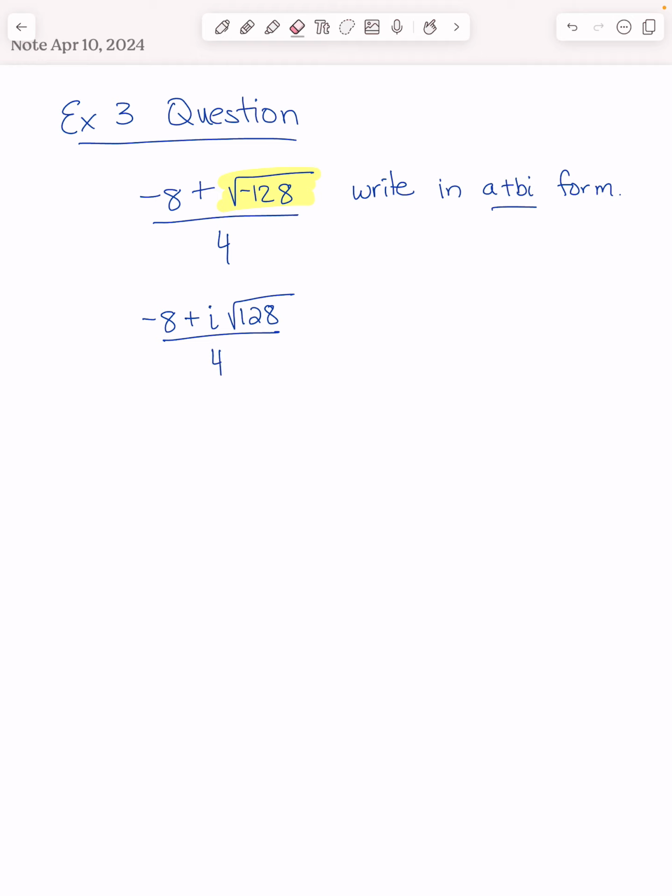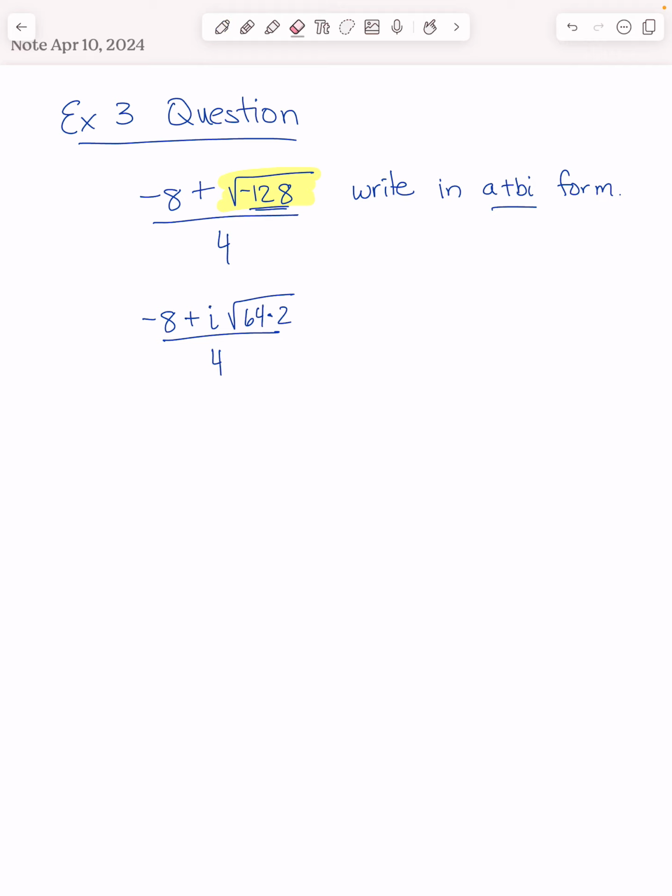So your first question was, why did I change that to 64 times 2? And the reason is that's just how you reduce radicals. I'm looking to see if there are any perfect squares hidden inside of 128.